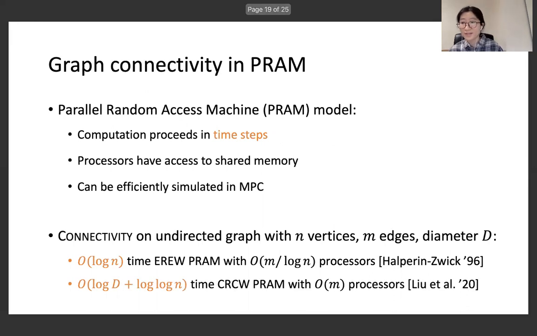And very recently, for graphs parameterized by the diameter d, Liu et al. provide an efficient O of log d plus log n time algorithm using O of m processors in the strongest version of CRCW PRAM, where multiple processors can attempt to read from or write to a cell concurrently.